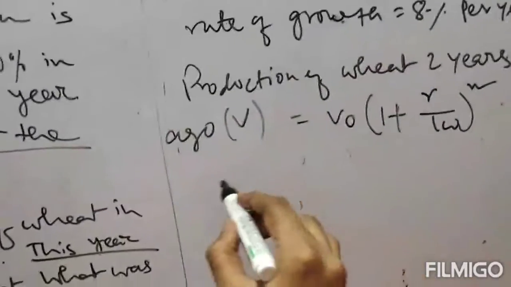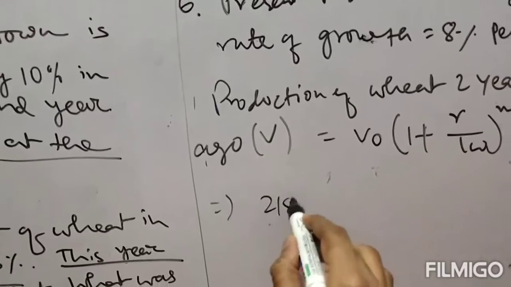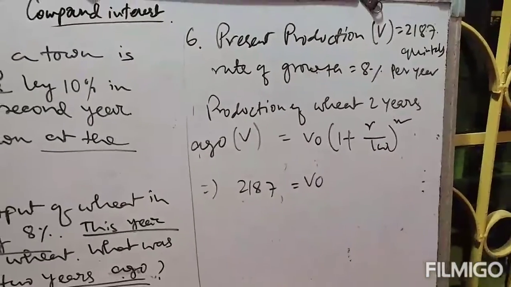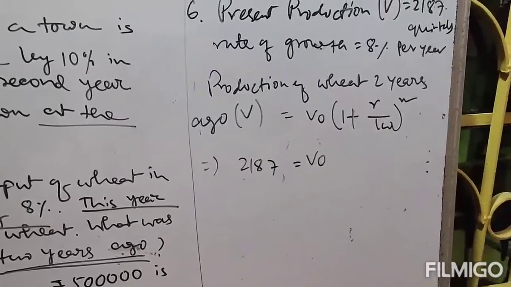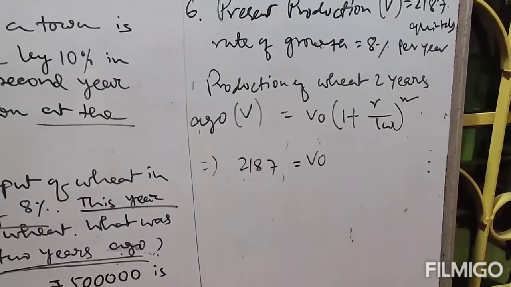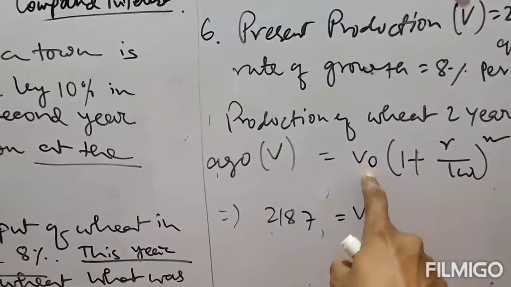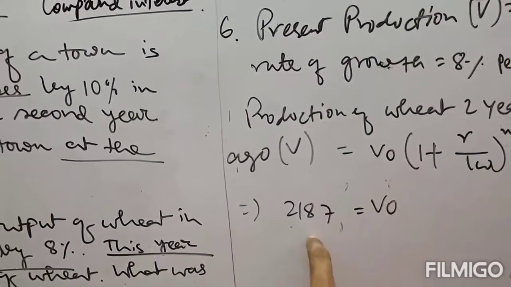So put the value V equals 2187. We have to find out V0, that is the production of wheat 2 years ago. This is the production of wheat 2 years ago and this is the present production.